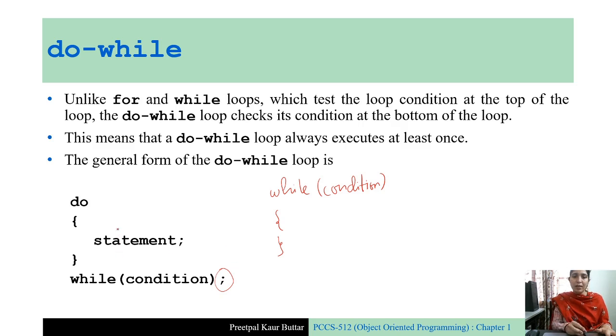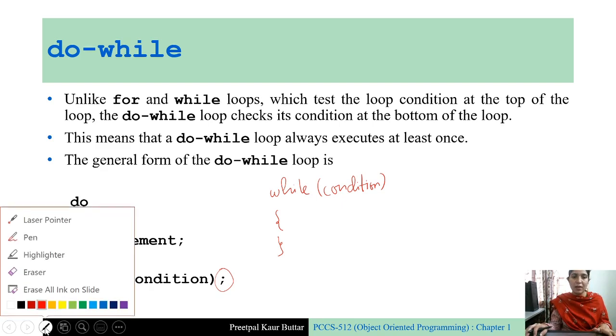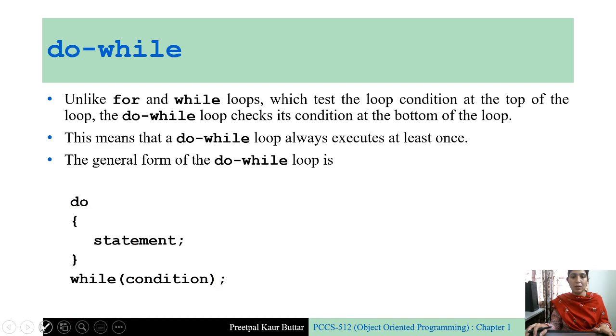Now try to understand this do while loop with the help of the same example which we did for the for loop as well as the while loop, that is printing the numbers from 1 to 10. In this do while loop also we make the initialization outside the body of the loop. So we will initialize a loop variable int i equal to 1 outside the body of the loop.